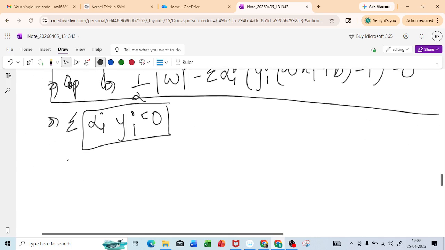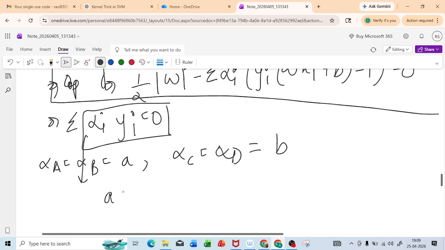So in our case, we have alpha A equal to alpha B equal to, let's say, A, and alpha C equal to alpha D equal to B. If we do this, we get alpha i into y i. Now what was y i for A and B? Plus 1.